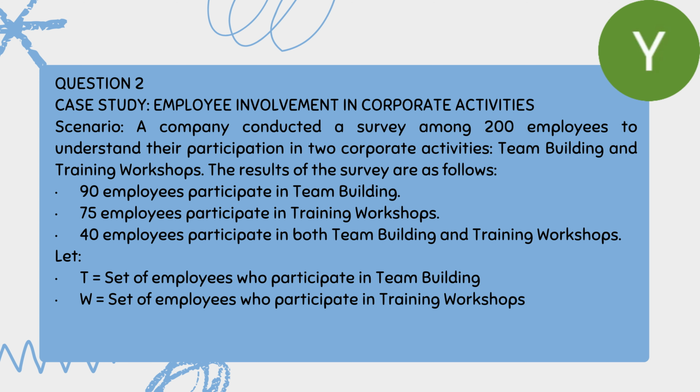Question 2. Case study about employee involvement in corporate activities. Scenario: a company conducted a survey among 200 employees to understand their participation in corporate activities, which are team building and training workshop. The results of the survey are as follows: 90 employees participate in team building, 75 employees participate in training workshop, and 40 employees participate in both.